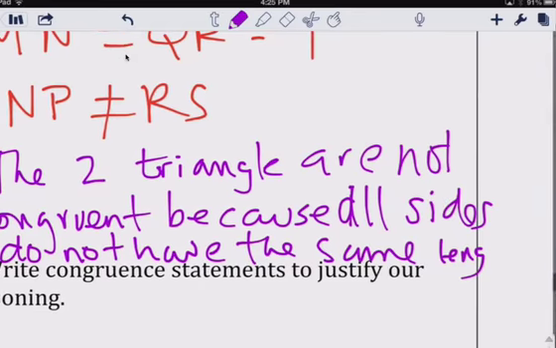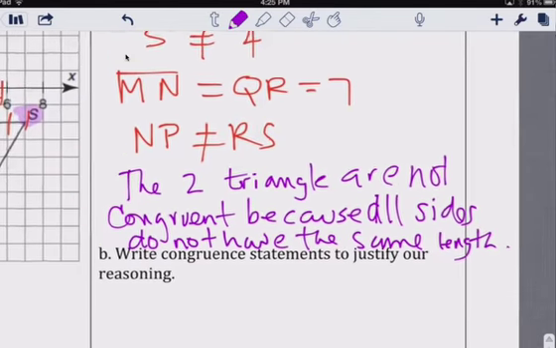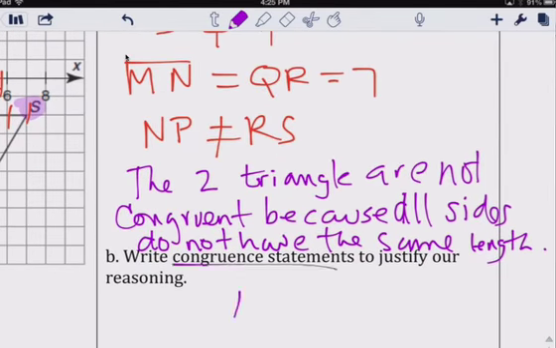Okay? That's what you would put. We have none here. No congruent statement. Oh, congruent statement.